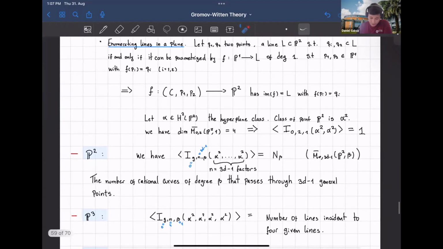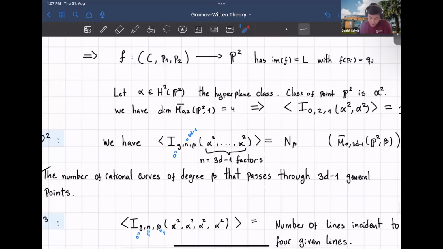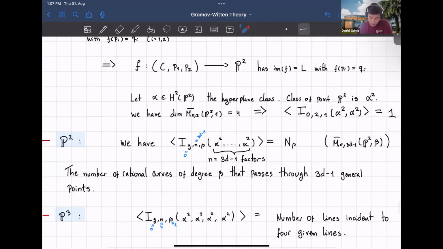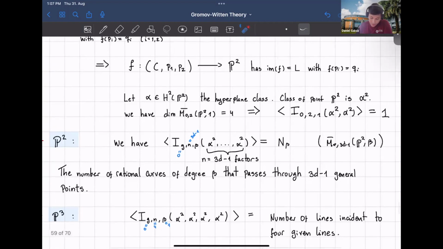It means that there's only one line passing through 2 points inside this P1 we have. Let's see another case. So for example, we have the Gromov-Witten invariant of genus 0 with 3d minus 1 marked points. This will be the moduli space 0 for genus and 3d minus 1.